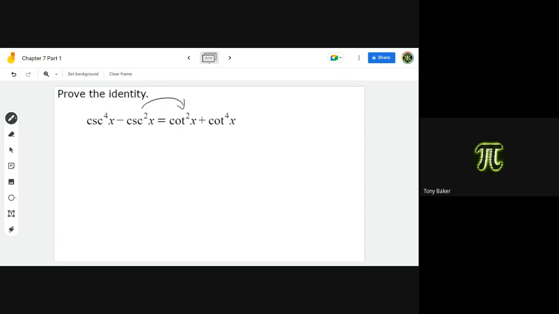And as with most proofs, there's multiple ways to do these problems. I'm literally giving you a chance just to try things out first before we start actually going through doing it.